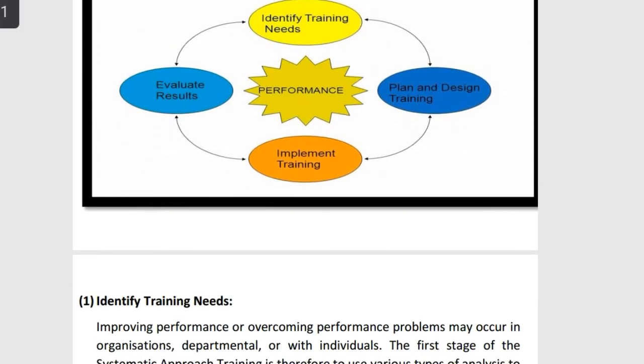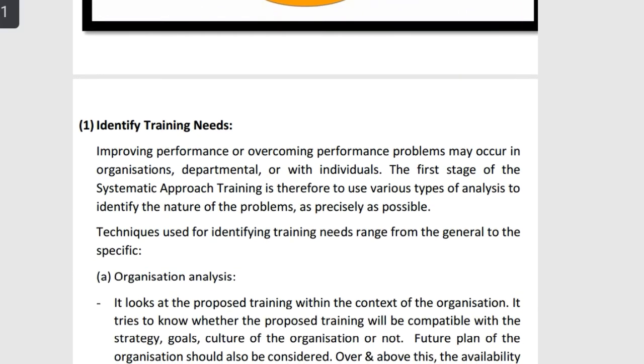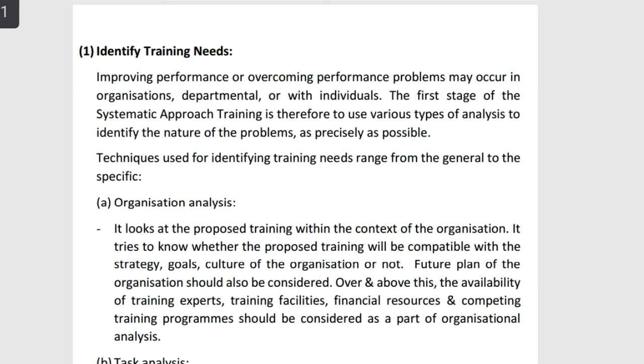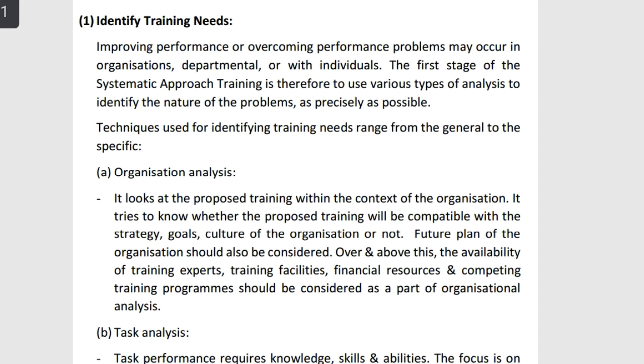This is available in 4 major steps. First one, identify training needs. Now, for this TNI, training need identification, it is very required. Here, improving performance or overcoming performance problems may occur in organizations, departments, or with individuals also.